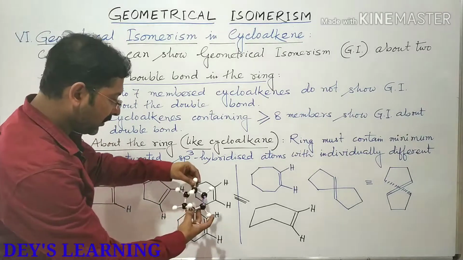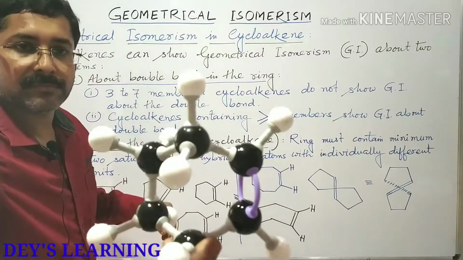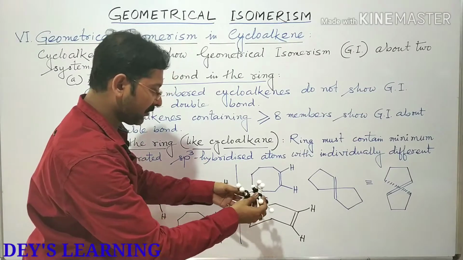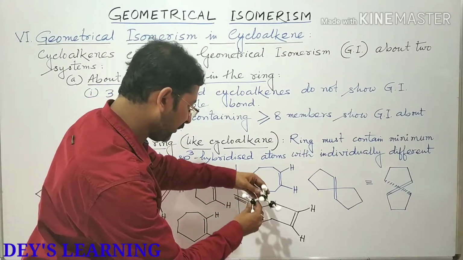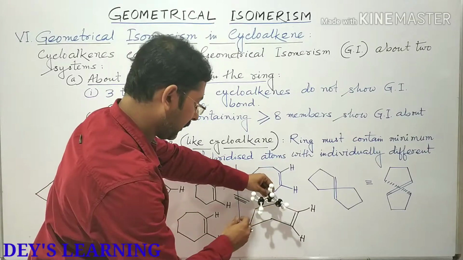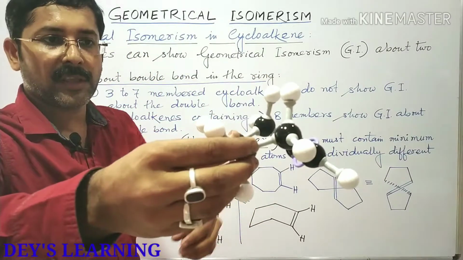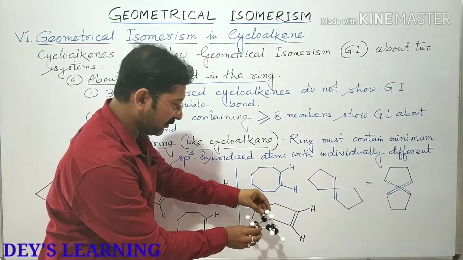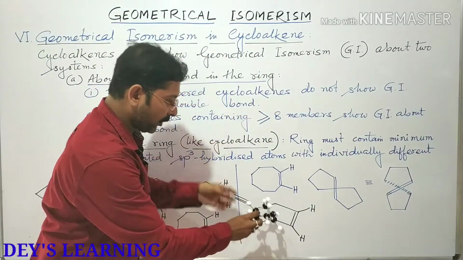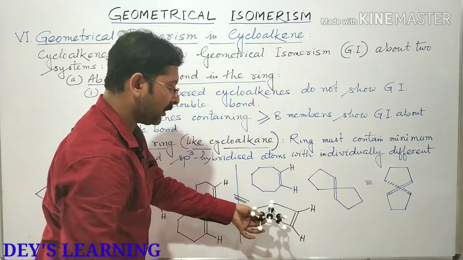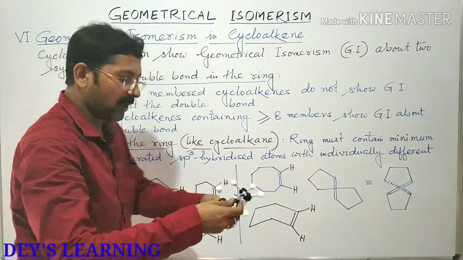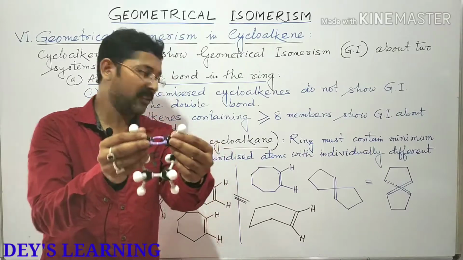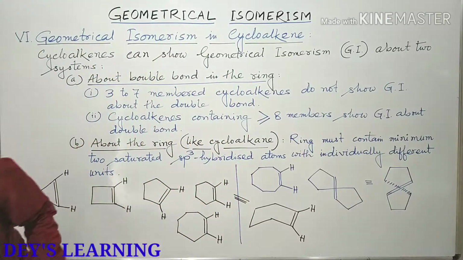This is from this view, and this molecule is represented like this. If you look at this molecule from this angle, you will find this one. So this molecule can be represented in this way also. So these two hydrogens always exist on the same side, always in the cis conformation.